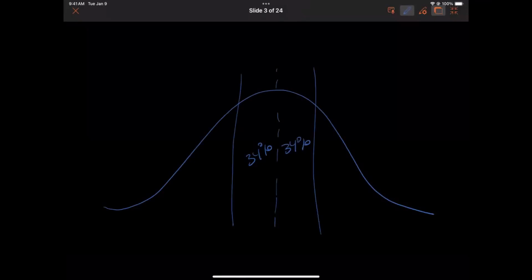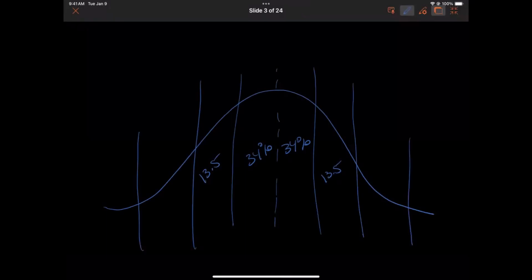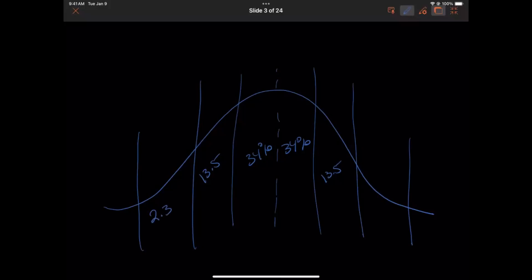And then I have 13.5%, I think that's 13.5%. 95 minus 68, I don't trust myself right now. Okay, and then we have 2.35 and 0.15.